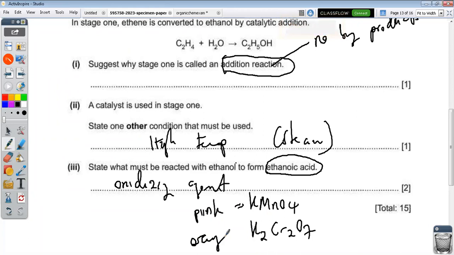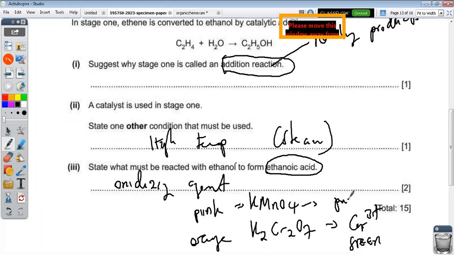It is orange. When it oxidizes, it reduces itself to a green color. This one normally turns from pink to purple or colorless. Because an oxidizing agent is something that is reduced. It oxidizes the ethanol, but itself it is reduced. Clear?